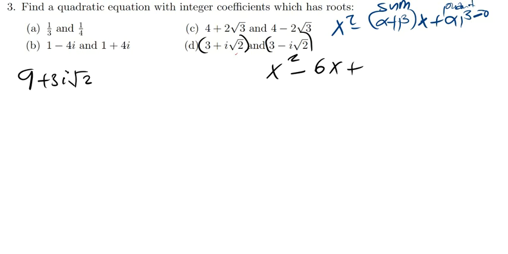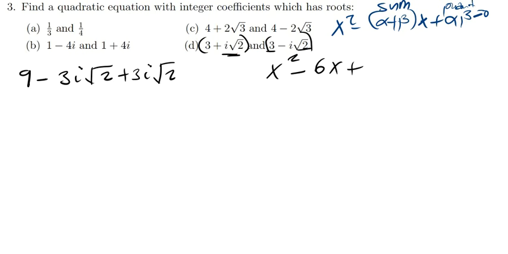it is what? So I'll still have, let's see. What are we trying to find? Okay, so we are saying 3 times 3, so I've made a mistake here. 3 times 3 is 9. 3 times negative i root 2 should be negative 3i root 2. Then this times that is going to give me plus 3i root 2.